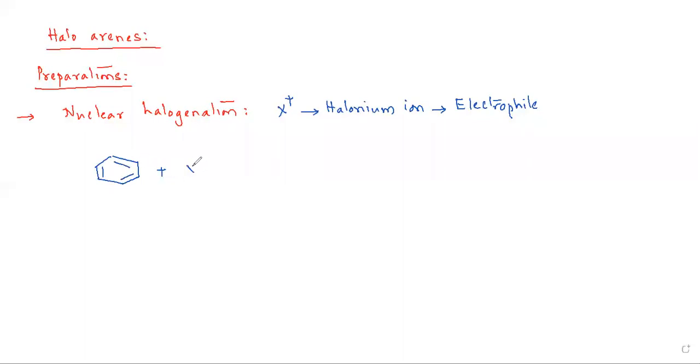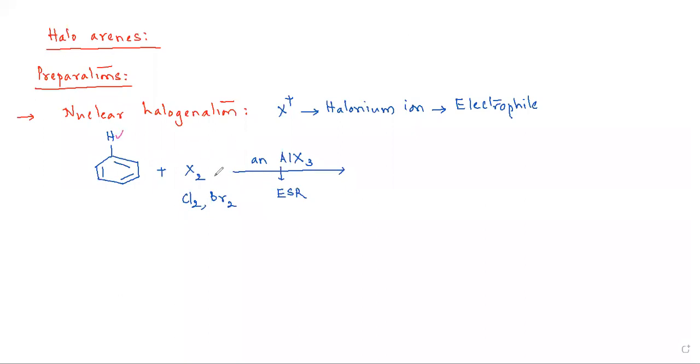When benzene is treated with the halogen, you can consider chlorine or bromine here, in the presence of anhydrous aluminium halide, aluminium chloride or aluminium bromide, this, of course, is an electrophilic substitution reaction.